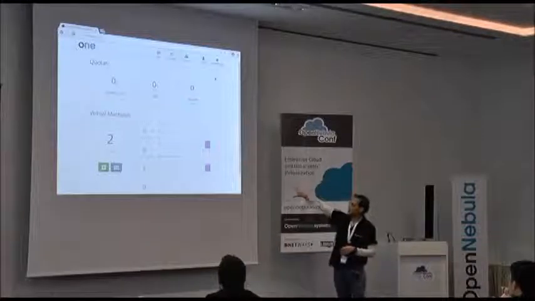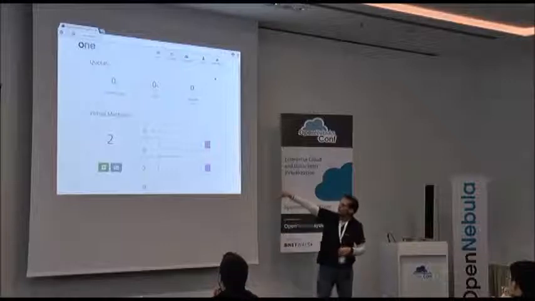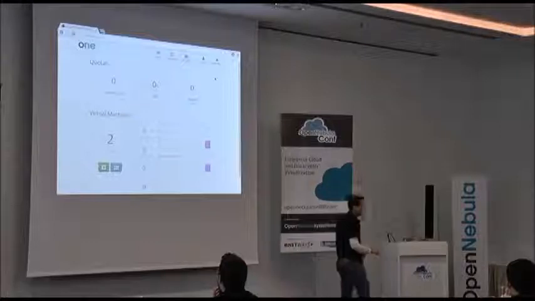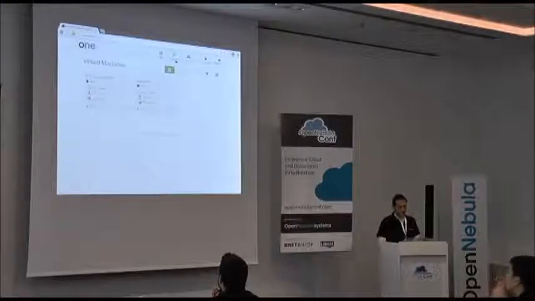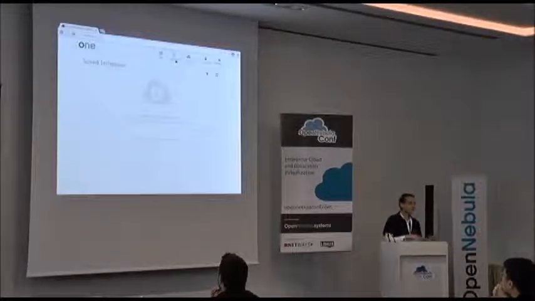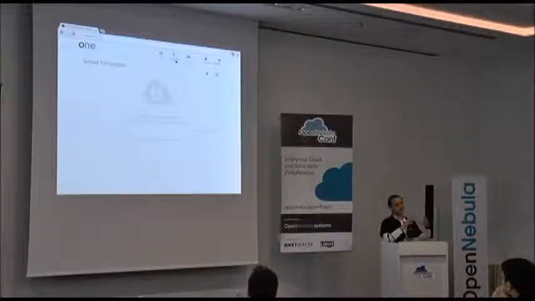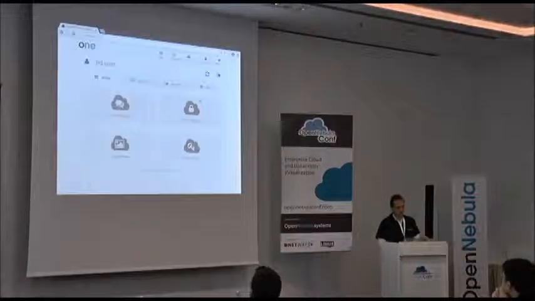You have a very simple dashboard with the number of running VMs right now, the number of virtual machines you executed, and you can take a look at the virtual machines you have running. Right now I have 2. You also see the virtual machines you saved, based on one of the virtual machines prepared by the admins and modified by you. If you have flows, they should be there, and a basic configuration for the user.